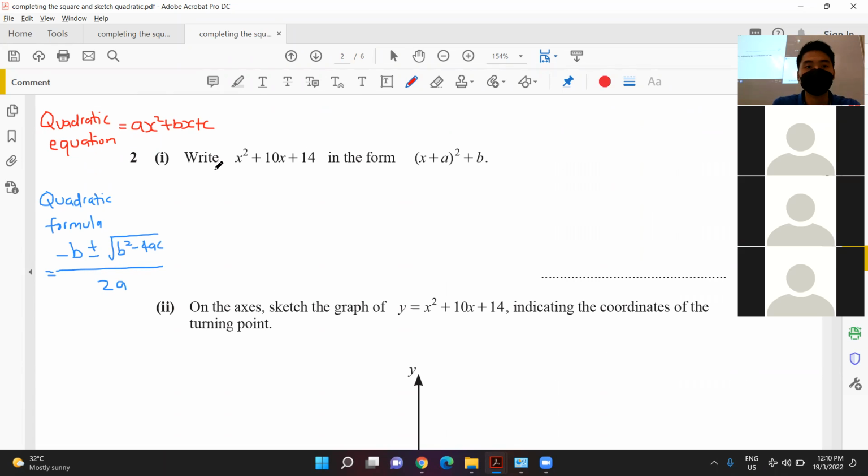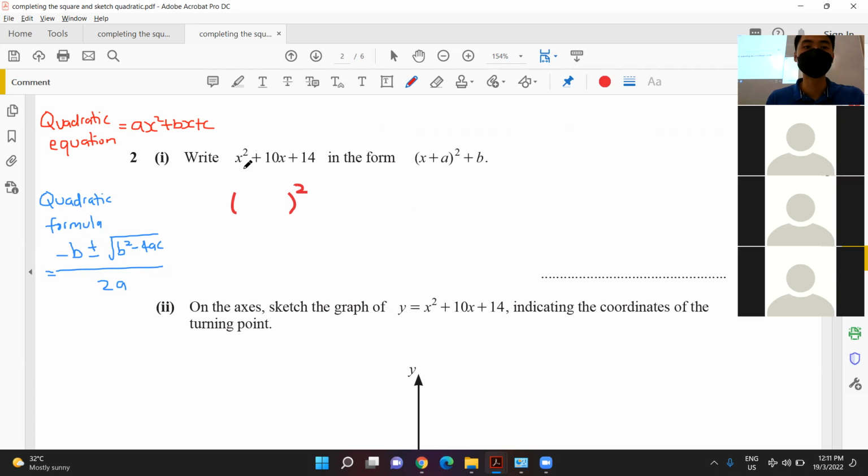You see, they ask us to write the quadratic equation into the completing the square format. Now, first step is, again, you bracket and then you square. Correct. Then what we did after that was, this is in the second page already, guys.